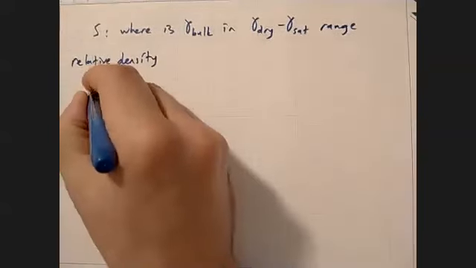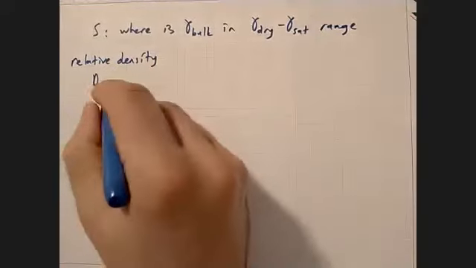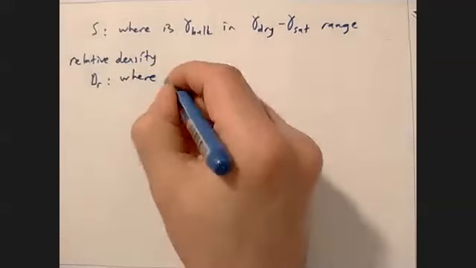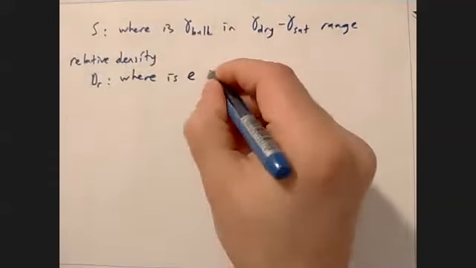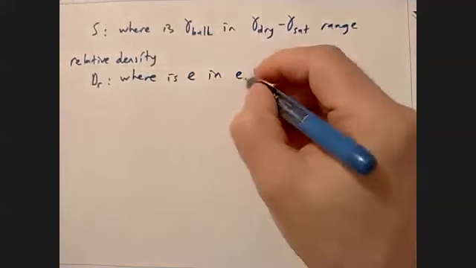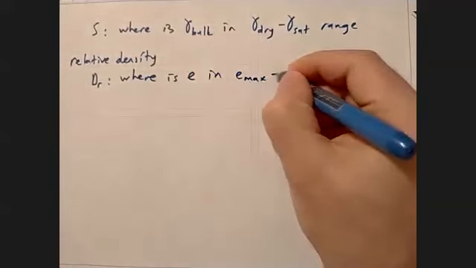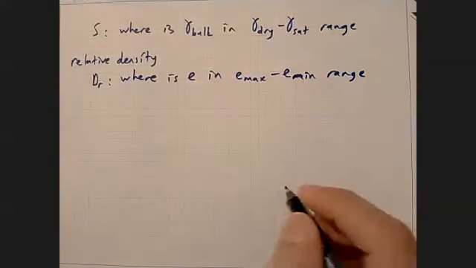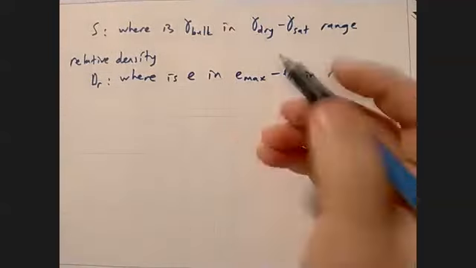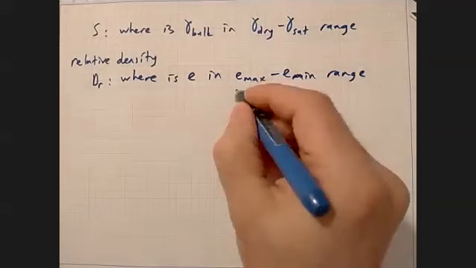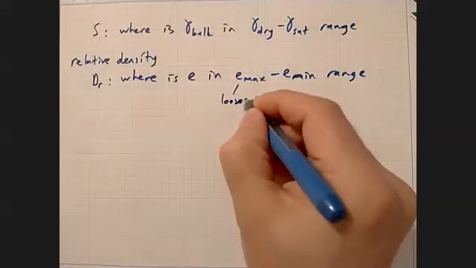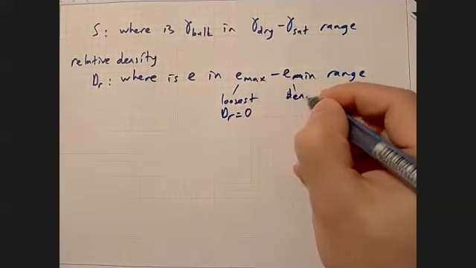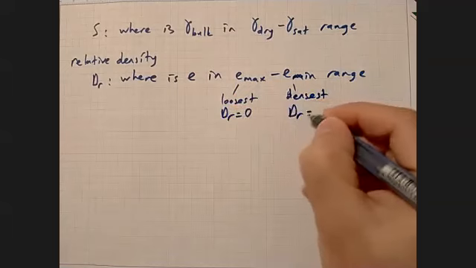We are going to show it with Dr, and it is where your current void ratio is in the e max, e min range. So for e max, it is the loosest. Remember, this is loosest, and that is Dr of 0, and this is densest, and that is Dr of 1.